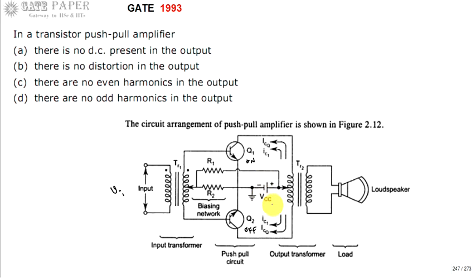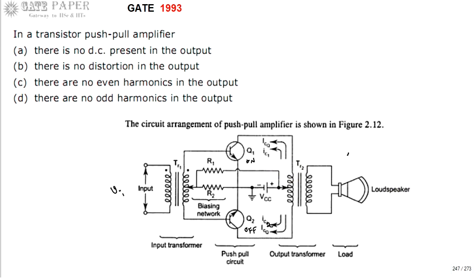Whenever a transistor is on, the corresponding collector current flows. That collector current makes the output voltage, which delivers power and is driven to the loudspeaker.